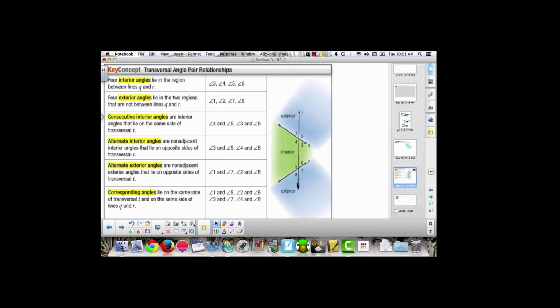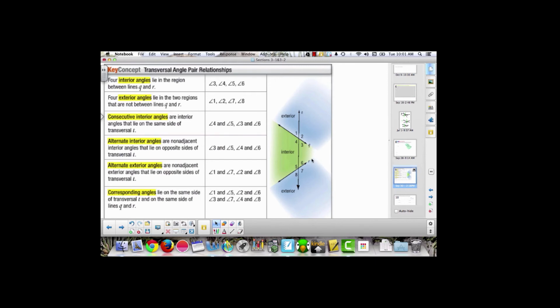So none of the pairs of angles that I'm going to mention now are linear pairs or vertical angles, since linear pairs and vertical angles can exist without a second line. Linear pairs and vertical angles can exist when we just have two lines intersecting. To make these pairs of angles, you need 3 lines intersecting, 2 lines and a transversal.